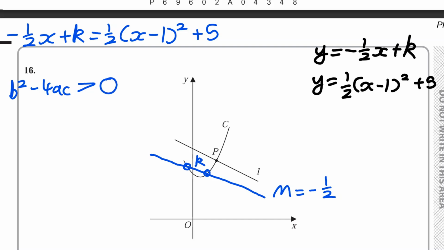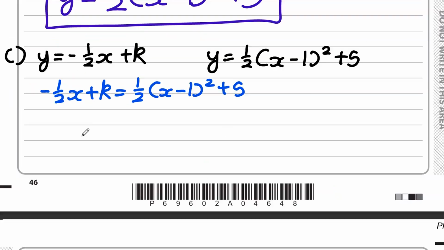Remember this, if there was 1 point of intersection, it would be equal to 0. If there were no points of intersection, it would be less than 0. But here, the discriminant b squared minus 4ac is going to be bigger than 0, and we can rearrange this in order to get it into the quadratic equation format, and then substitute these values into the discriminant and find an inequality for k.